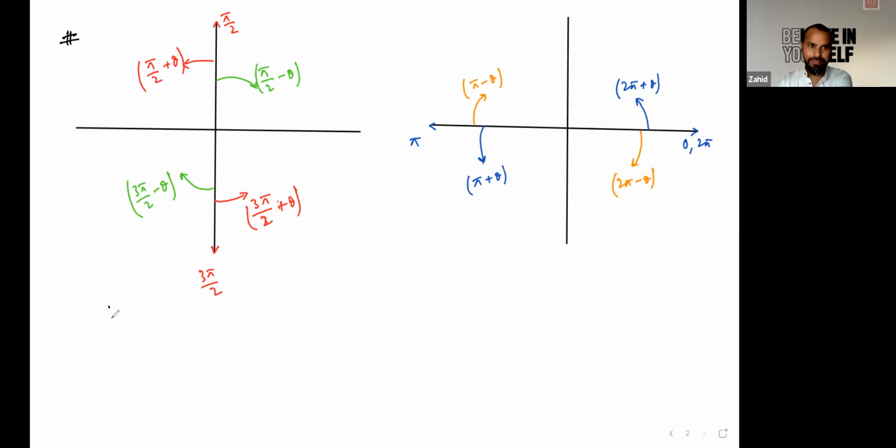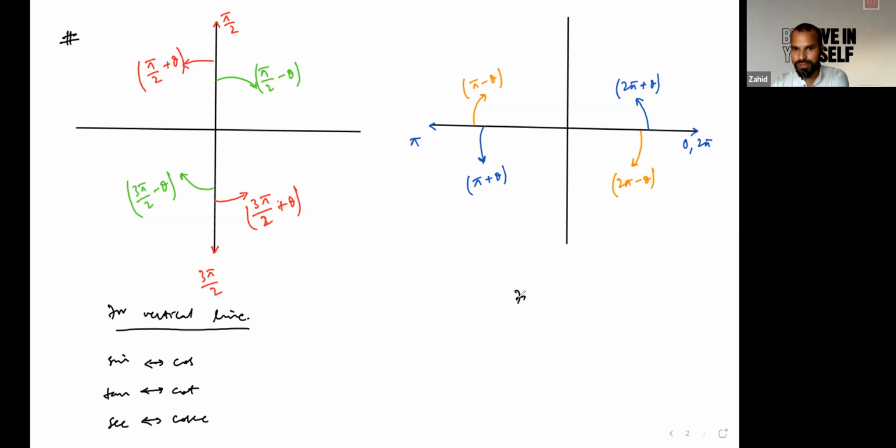First, for vertical line, sine changes into cos, cos changes into sine, tan changes into cot, cot changes into tan, and similarly, sec changes into cosec, and cosec changes into sec.